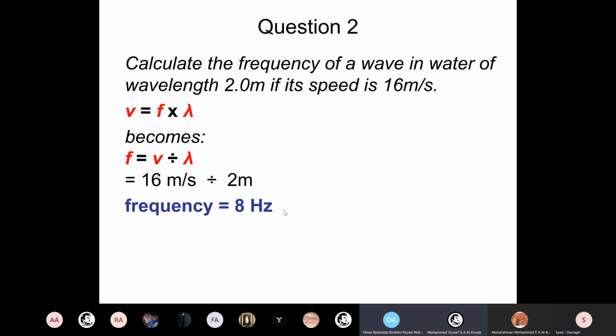Okay, brilliant. Yes, so Mohammed Yusuf was correct. Because I thought they were asking for wave speed. They weren't. They were asking for frequency. So he rearranged the equation and he got the speed divided by wavelength, and the frequency equals 8 hertz. Very good.